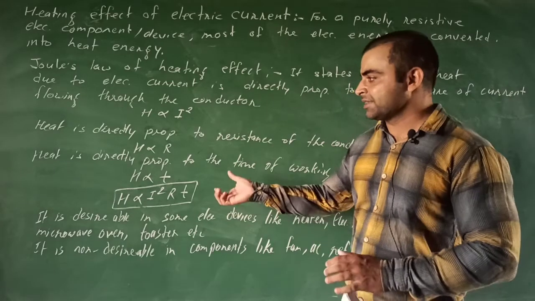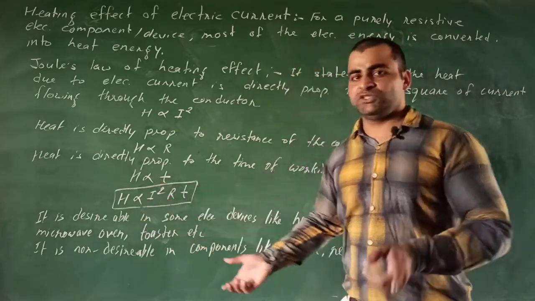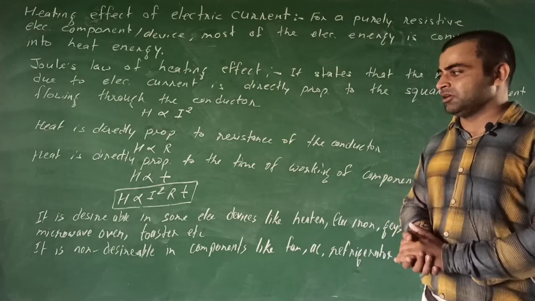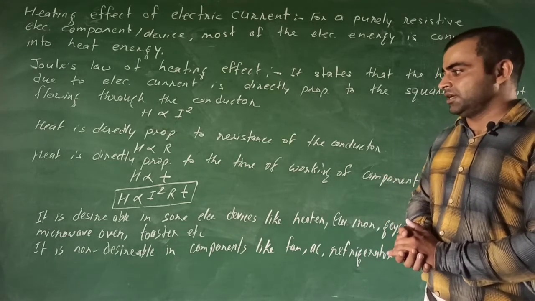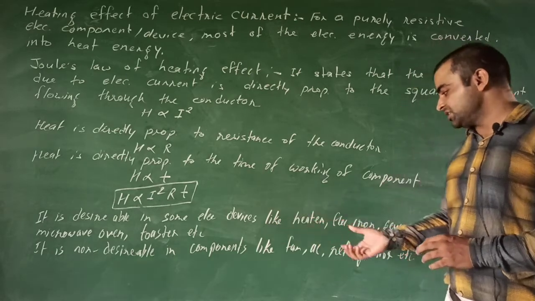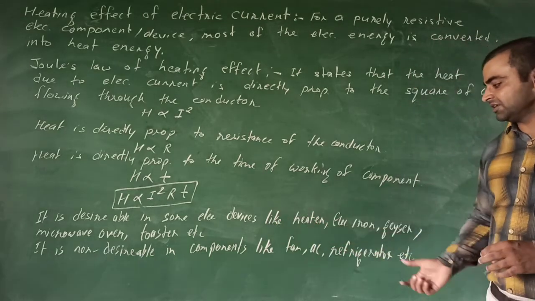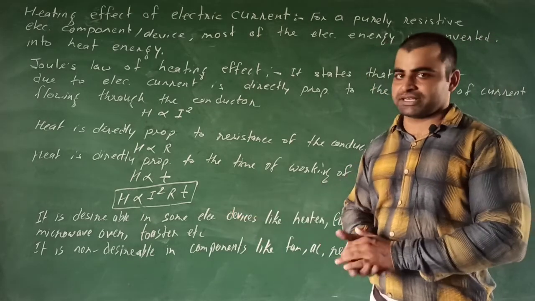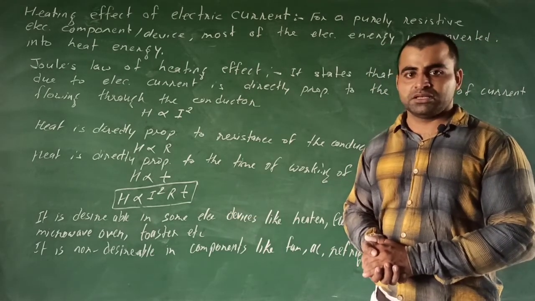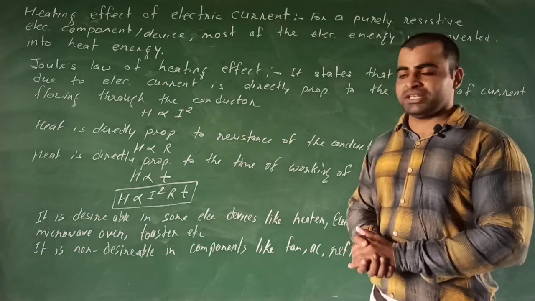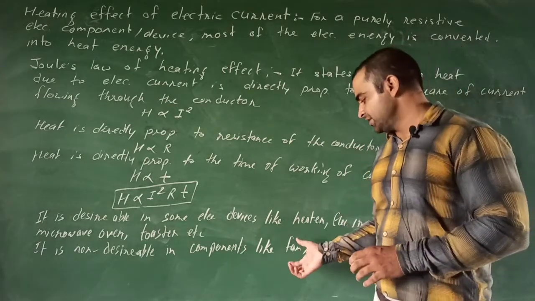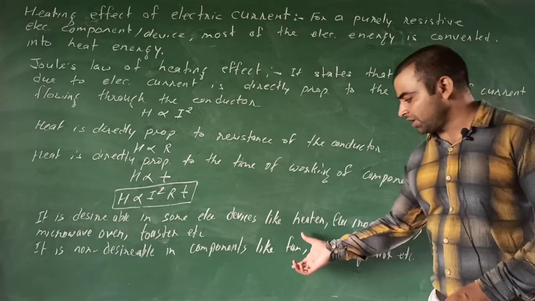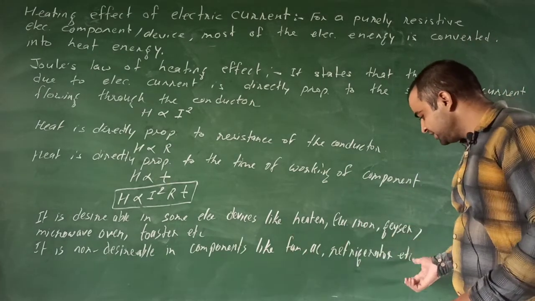Is it clear? Next, this heating effect is usable and non-usable, means desirable and non-desirable. In desirable form, we use it for electric heater, iron, geyser, microwave oven, toaster, etc. But it is non-desirable in other components like fan, AC, refrigerator, etc. We don't want these components to be heated.